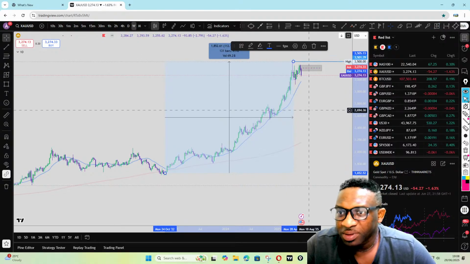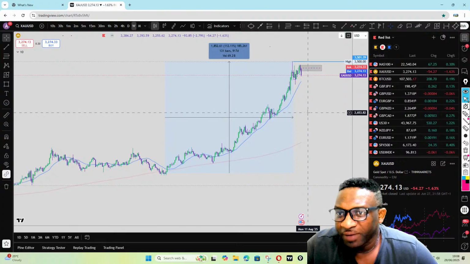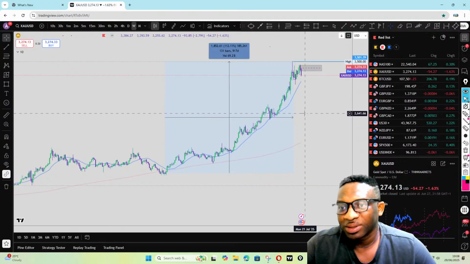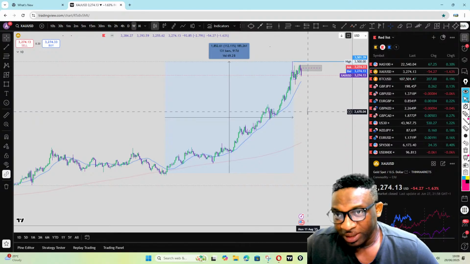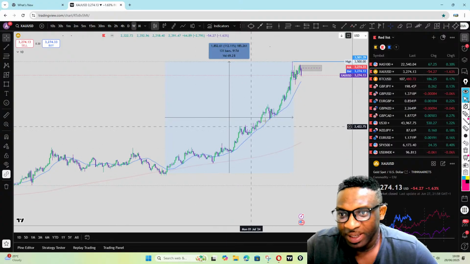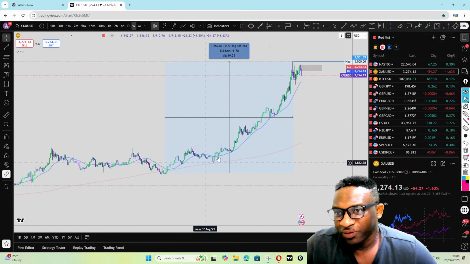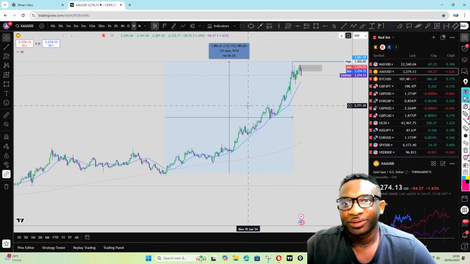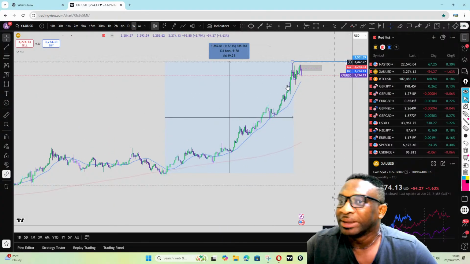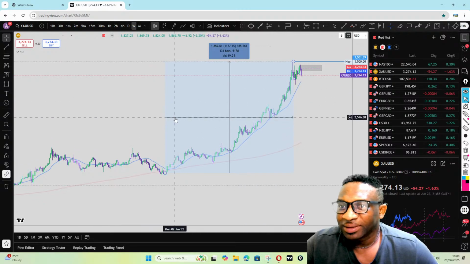Calculating the pips, this has given about 261 pips since then. So if you caught this and have been in it all this while, it would have been a very nice, wealth creating entry.